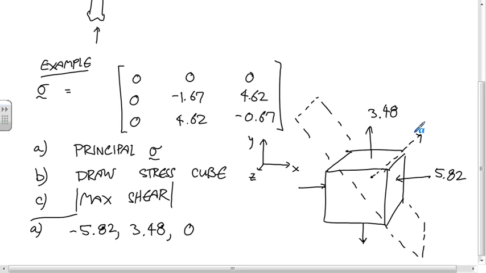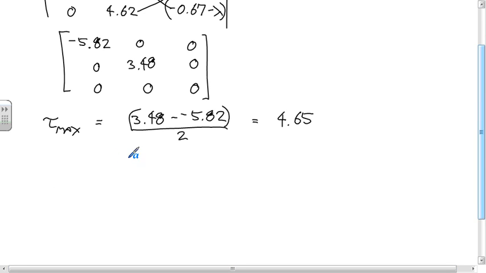If you start out in the positive x direction, rotate counterclockwise 45 degrees, you're in that direction. So it's just going to be cosine and sine of 45. Okay, so the normal vector is 0.7071, 0.7071, 0.